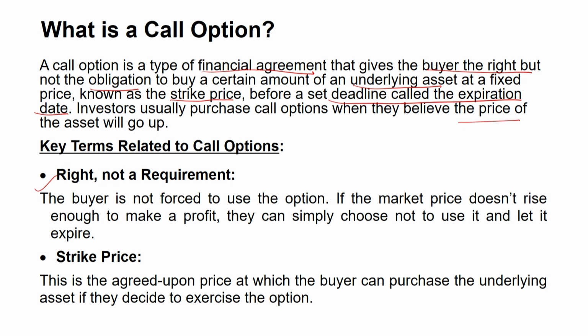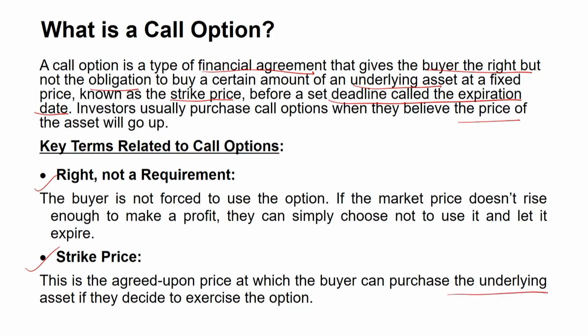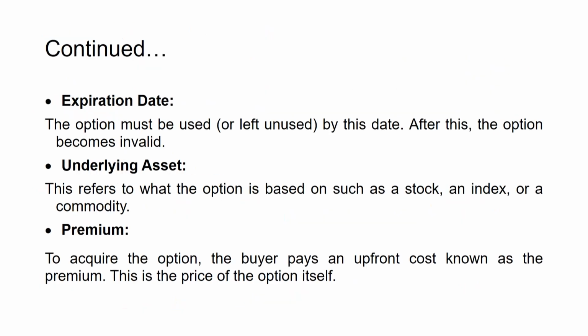Then there is another concept, the strike price. Strike price is the agreed upon price at which the underlying asset is traded under the call option. This is the price that is negotiated between the two parties under the call option contract. Now, the expiration date is the next concept.